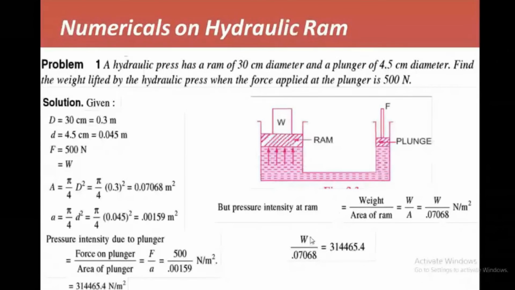So W upon 0.07068 equals 314465.4. You can multiply them. Finally, the weight comes out to be 22222 Newton, that means 22.222 kilonewton. So 22 kilonewton of weight can be lifted by applying 500 Newton on the plunger.